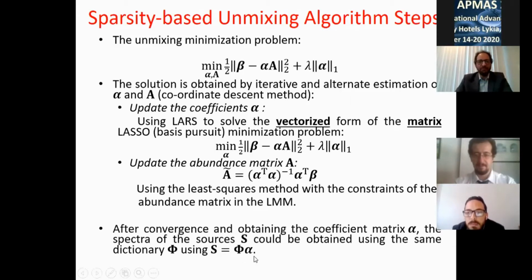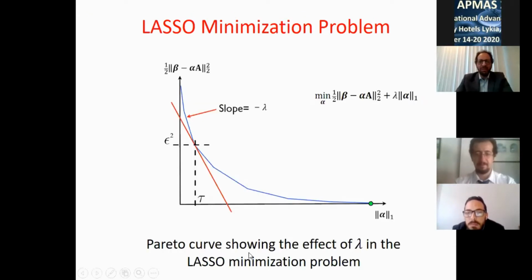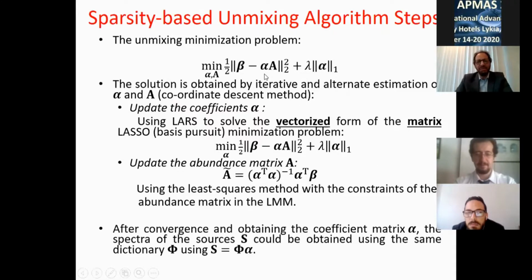Okay. One thing that we need to keep in mind here is that this minimization problem has a fitting term. We're minimizing how the data fits beta, and we're also minimizing the number of coefficients in this alpha. That's the sparsity term.